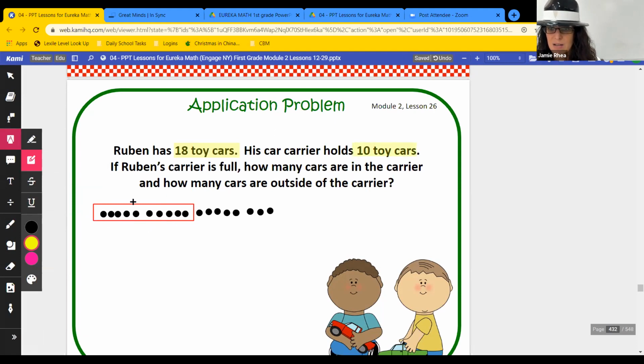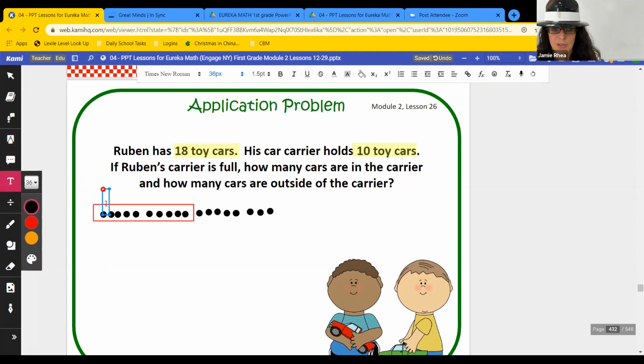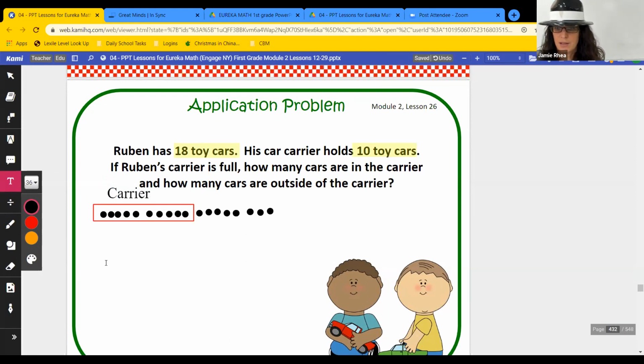Let's pretend this box, the frame that we put around it, is the car carrier. So this shows that I have 10 toy cars in my carrier, okay? And I'm even going to type a label and put carrier. So I know that the car carrier holds 10.